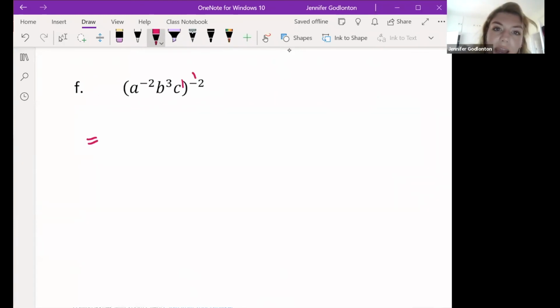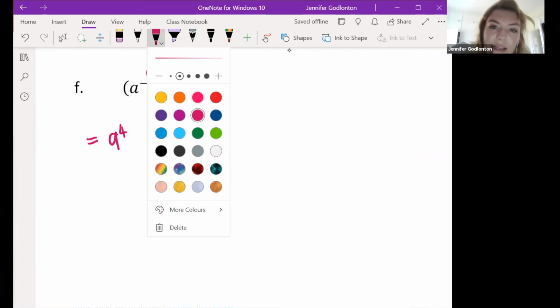So we're going to say a to the power of -2 times -2. What is -2 times -2? +4. Good. Just be careful with your signs here. So we're going to have a to the power of +4.